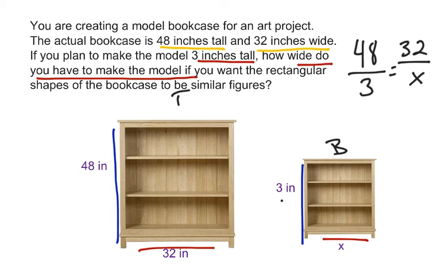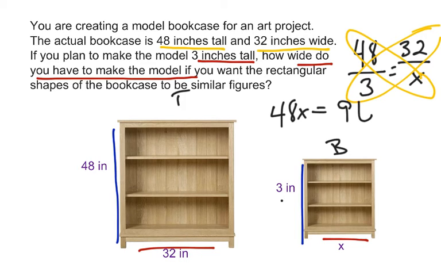Now we have a good old-fashioned problem we can use cross multiplication with. So using cross products, we can multiply 48 times X, which is 48X, and 3 times 32, which is 3 times 30 is 90, 3 times 2 is 6, so that's 96.